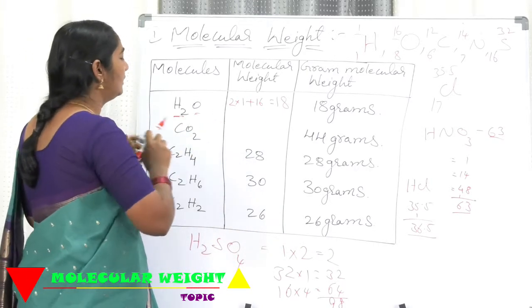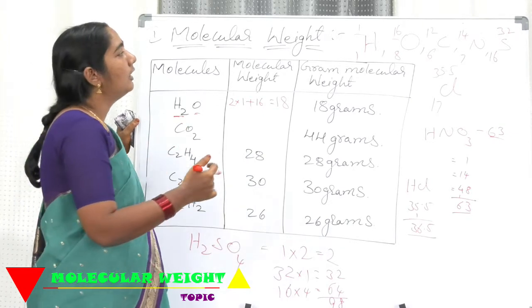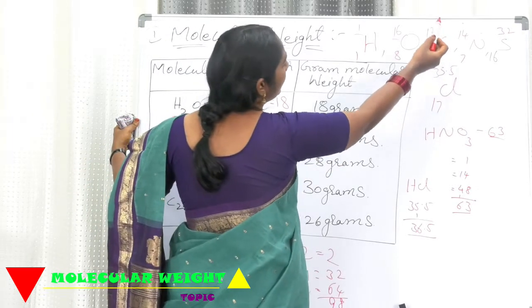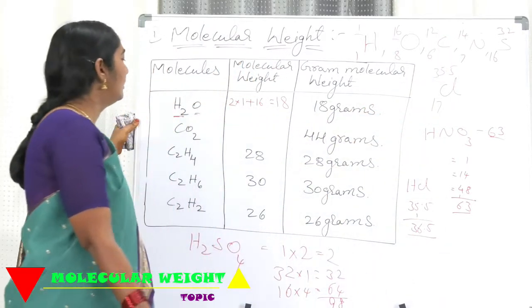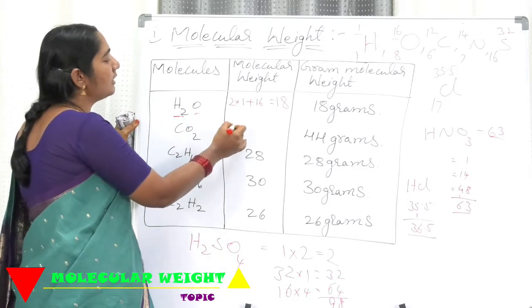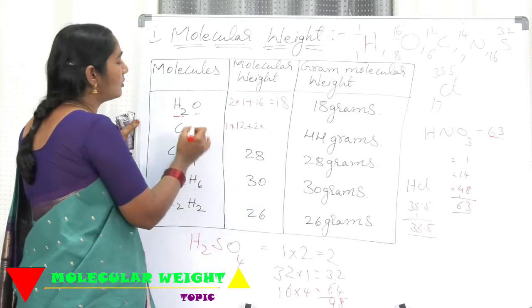If you take the case of carbon dioxide, this is a competition. Now you can do it. We already know about carbon: atomic number 6, mass number 12. We have one atom of carbon, so 1 into 12, plus 2 atoms of oxygen.